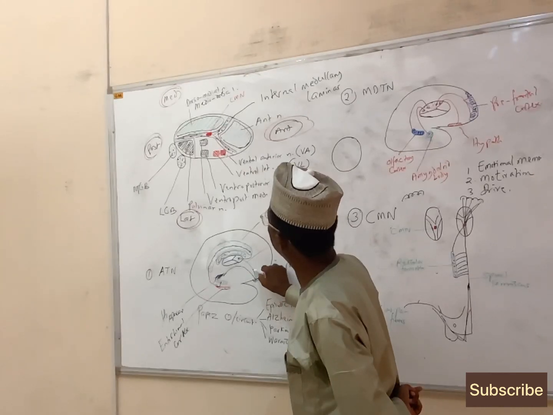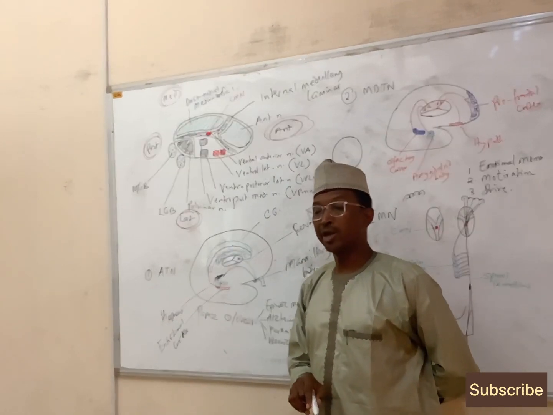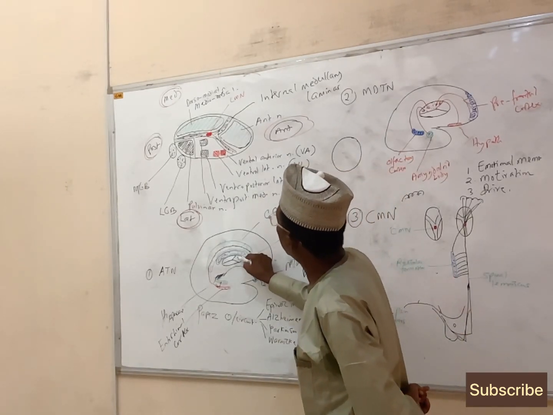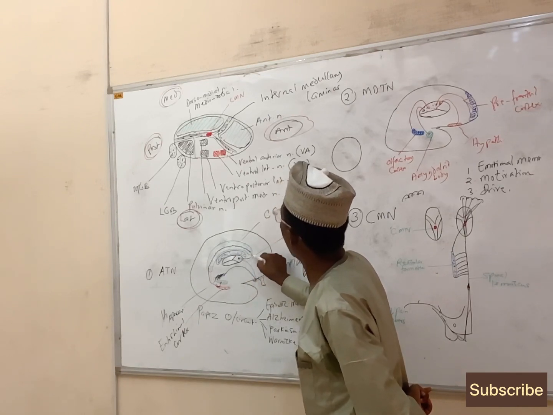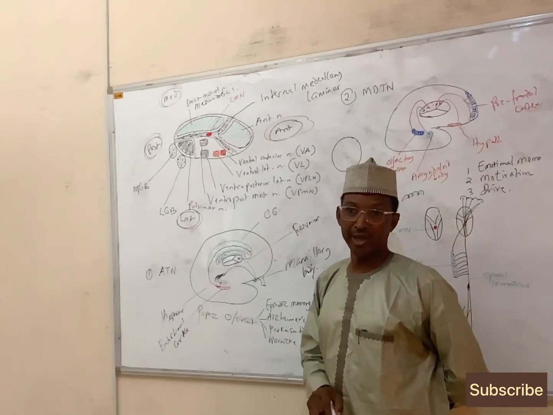From the mammillary body, other fibers pass into the anterior thalamic nucleus. From the anterior thalamic nucleus, fibers from that synapse pass forward, upward, and backward into the cingulate gyrus.